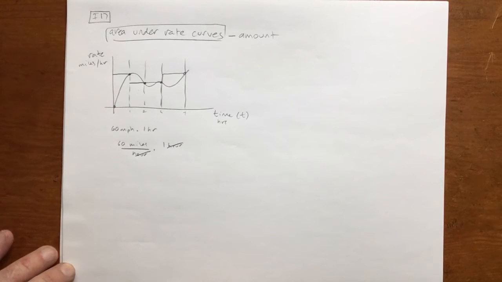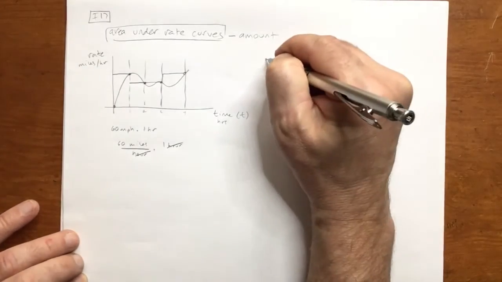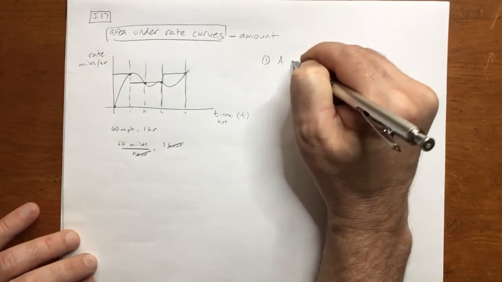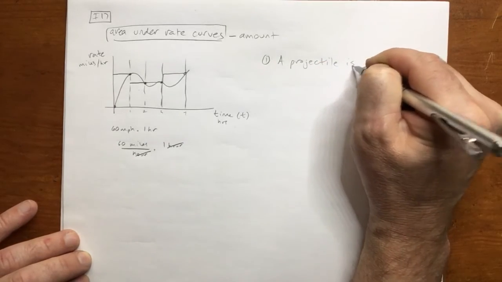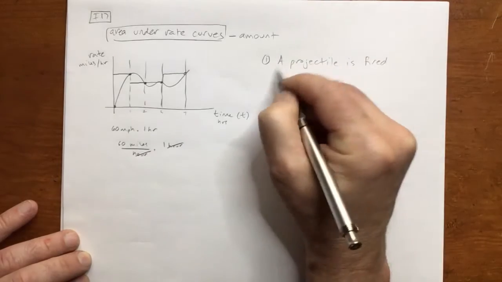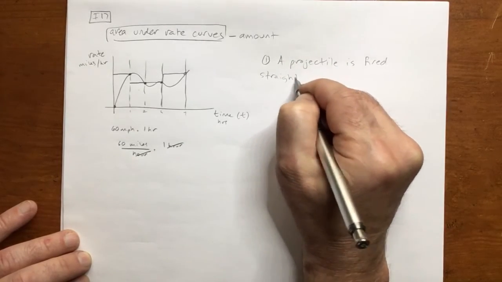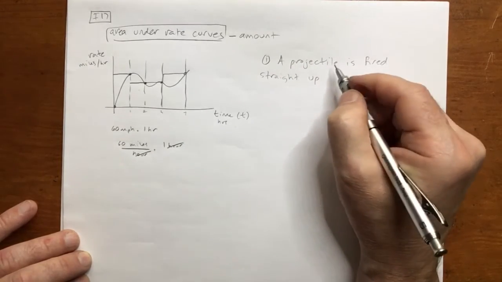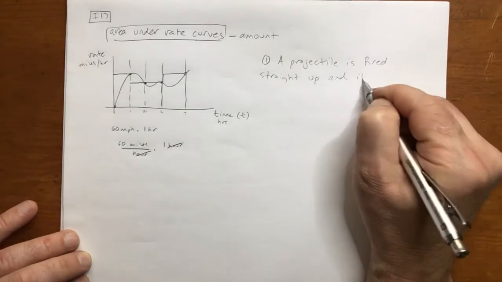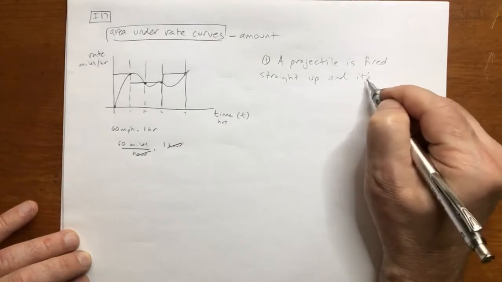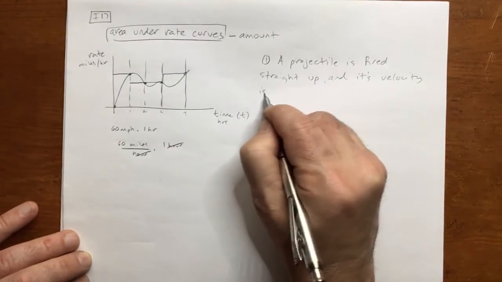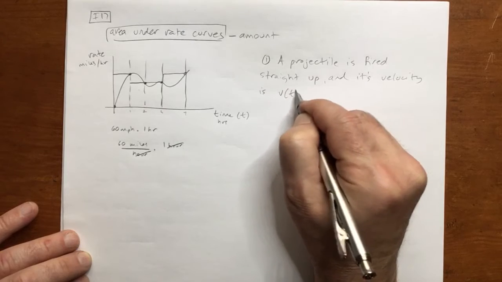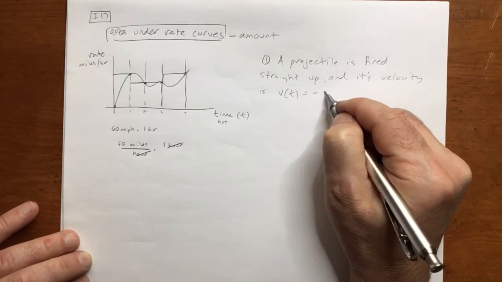And that allows us to answer questions like this. So question 1. A projectile is fired straight up, and its velocity is given to you with this formula.